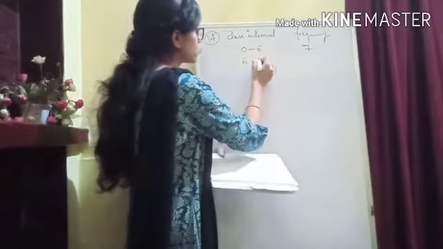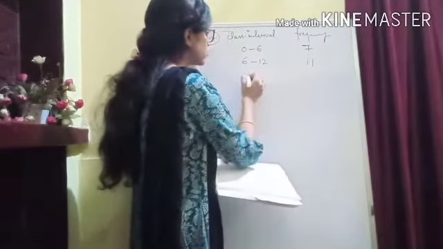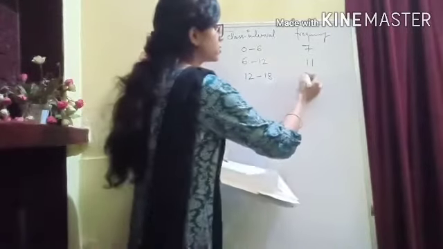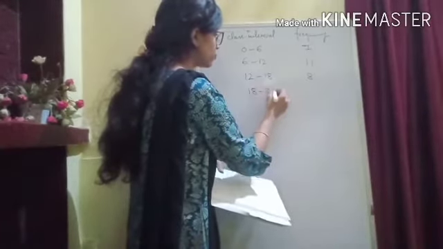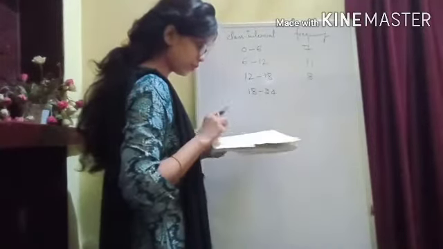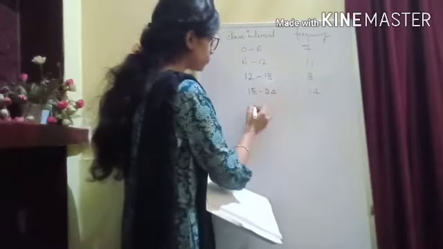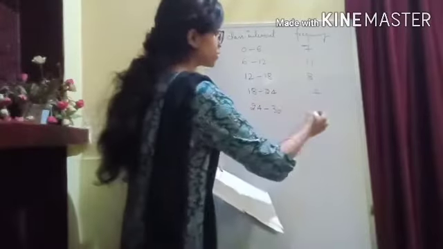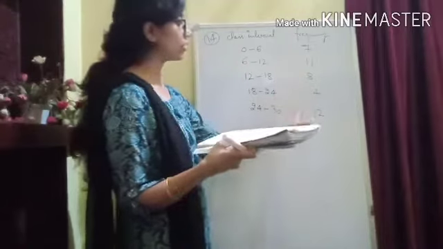Then 6 to 12, the frequency is 11. Then 12 to 18, the frequency is 8. Then 18 to 24, the frequency is 14. And then 24 to 30, the frequency is 12.